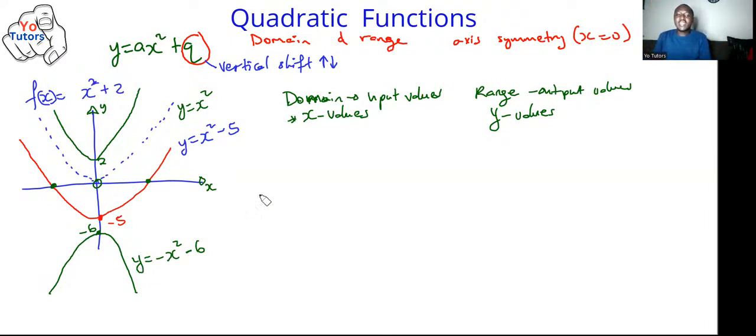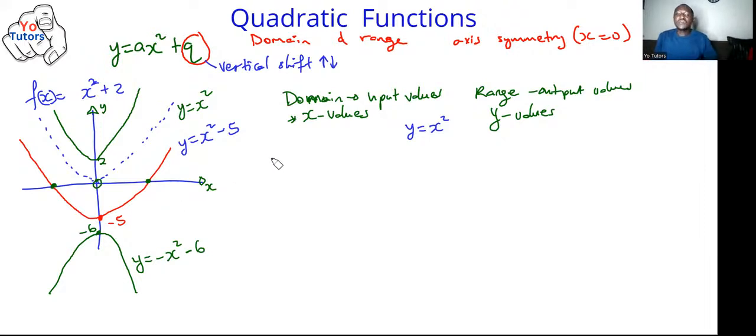Now, we have these 3 graphs that we have here. Let's look at how you define their domain and range. Let's start with the mother graph, y equals x squared. With the mother graph, the domain, in this case, can actually occupy any value of x.